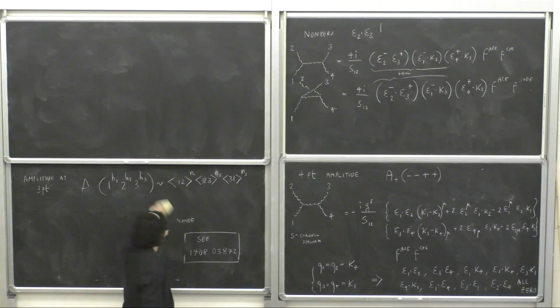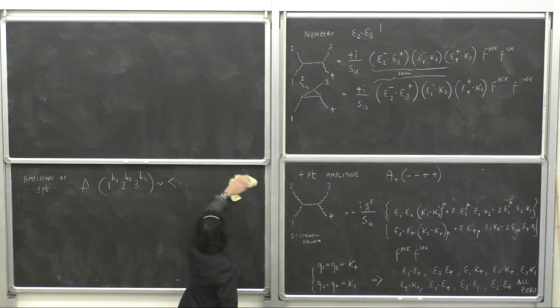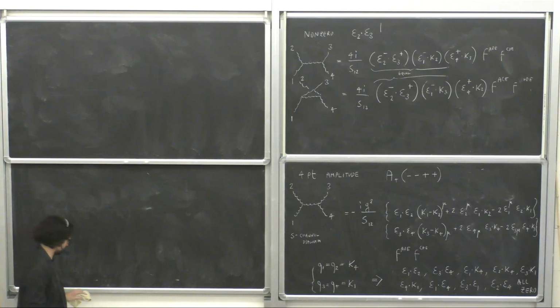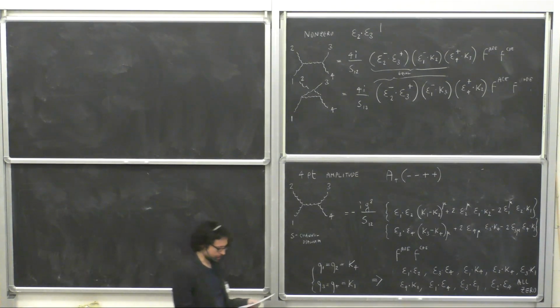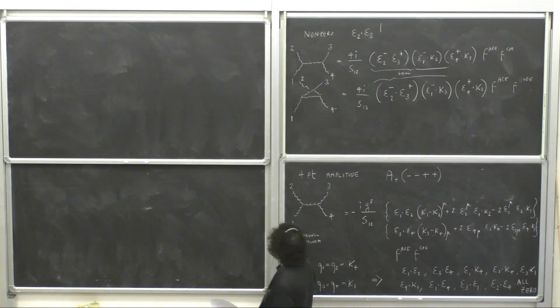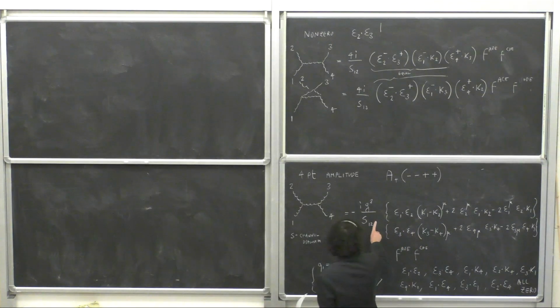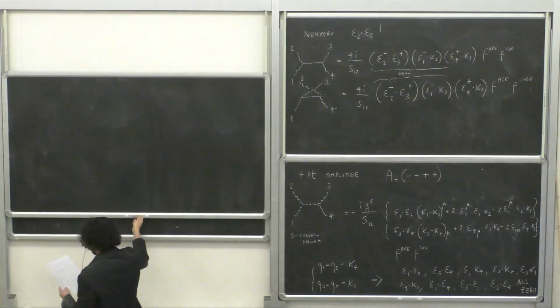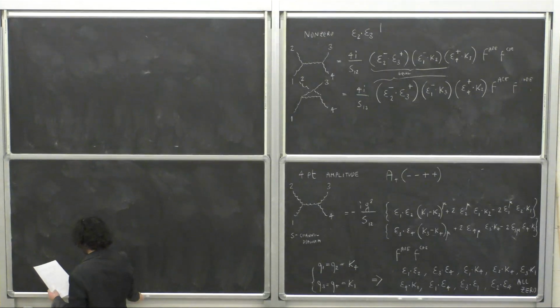The kinematical part is just 1. But then, of course, you have 2 different color contractions, which will follow us mostly along for the ride, except that there's a difference also in the propagators, the denominator that we will need to consider.